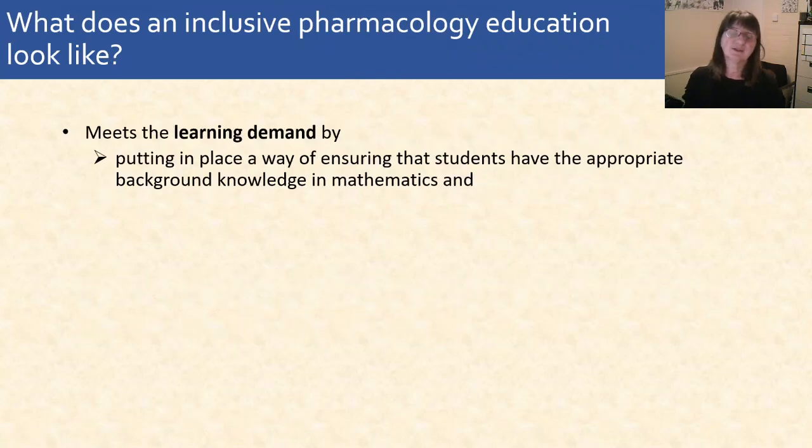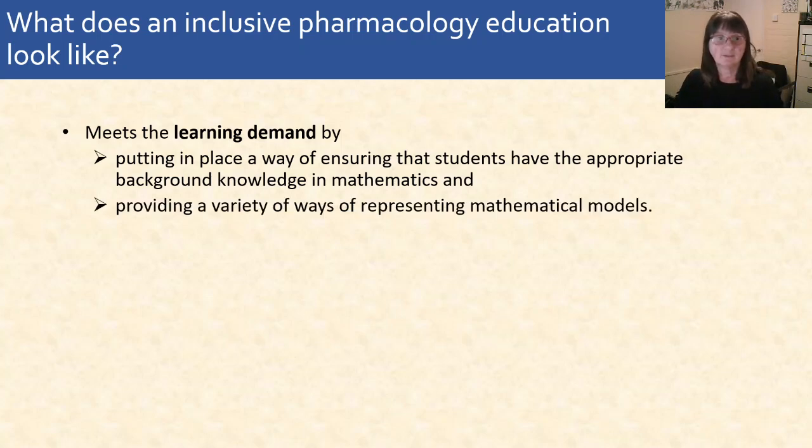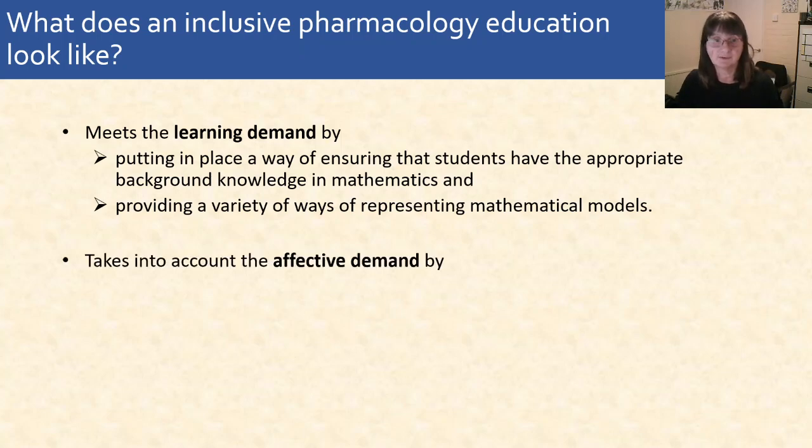So what does an inclusive pharmacology education look like? Well, I would argue that it's one that meets the learning demand by putting in place a way of ensuring that students have the appropriate background knowledge in maths. So we should have a good sense of what they know and can do, or are likely to know and can do, and then put some teaching and learning in place to fill any gaps that they might have. And also provide a variety of ways of representing mathematical models so they're accessible to students with all sorts of mathematical backgrounds.